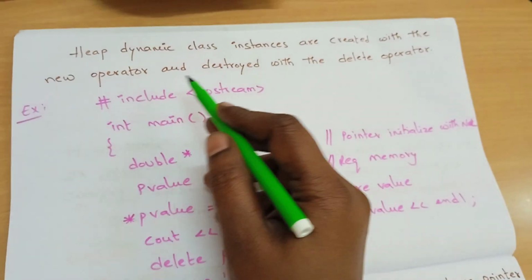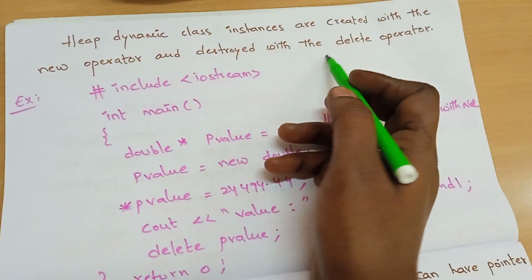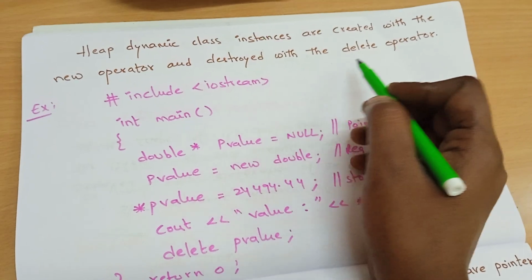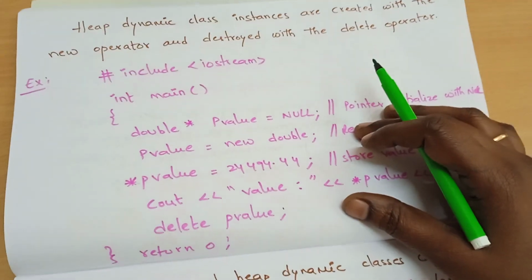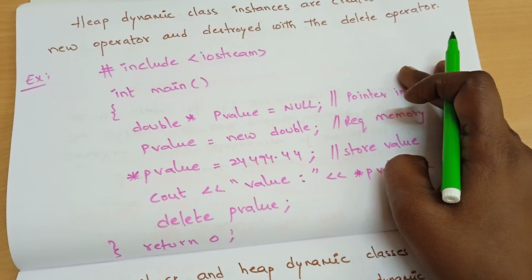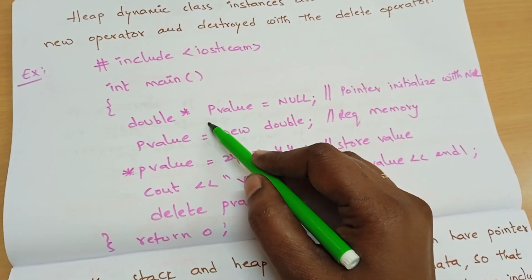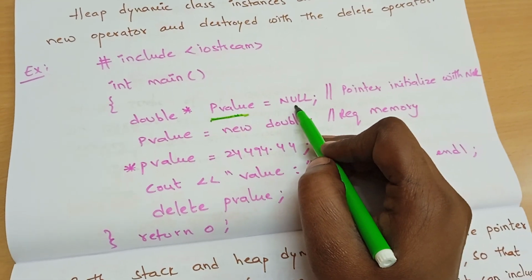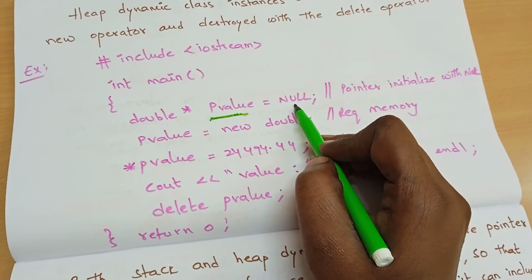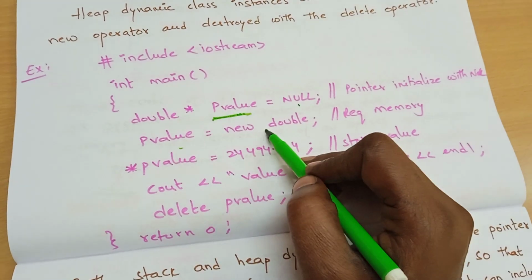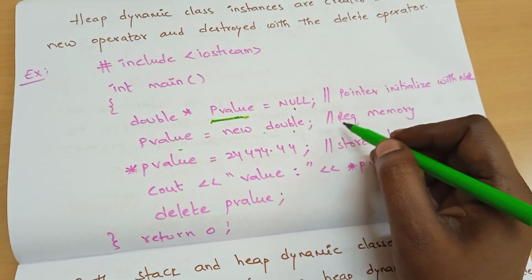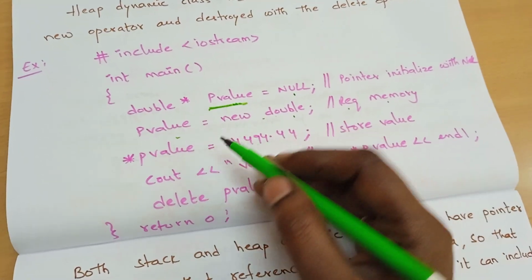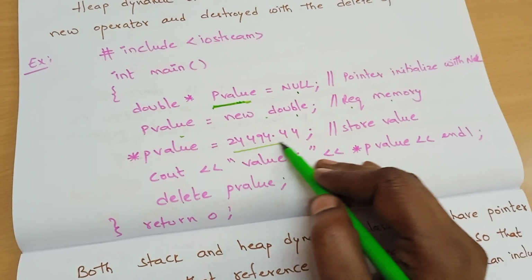Now, heap dynamic class instances are created with the new operator and destroyed with the delete operator. Now look at this code. It's a sample code where I am taking a pointer, pvalue. Initially the pointer is initialized with null, and pvalue is equal to new double. Meaning, I am requesting memory to be allocated for pvalue, and *pvalue is equal to some value.